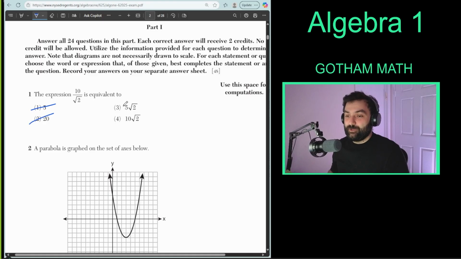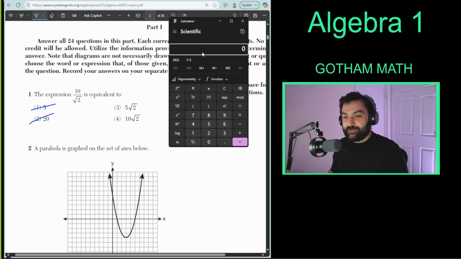It's definitely going to be between 3 and 4. There is a right way to do it, but I want to show you a wrong way that still gets the right answer. How about that? All you have to do here is divide 10 by the square root of 2.